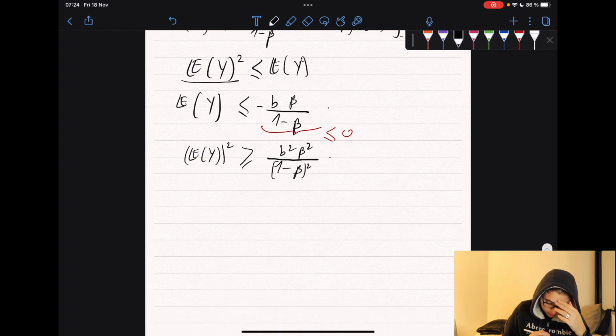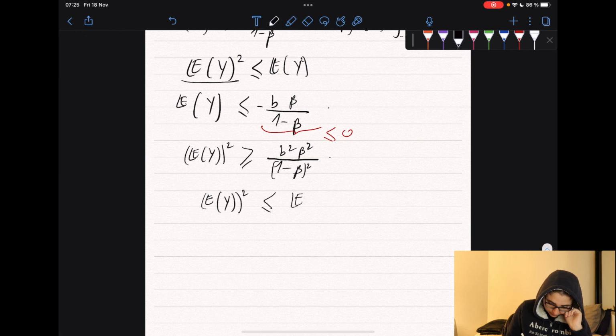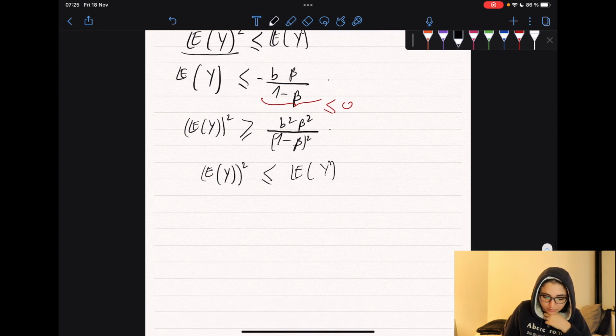We also know that this whole entity, E[y] squared, is less than E[y squared], as per what we have just talked about.